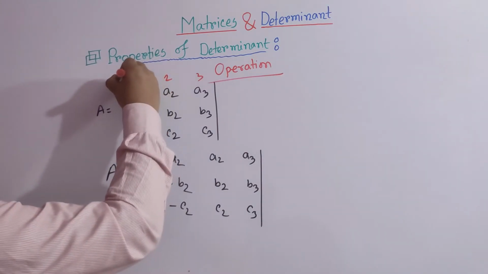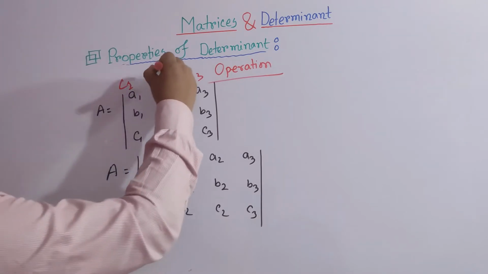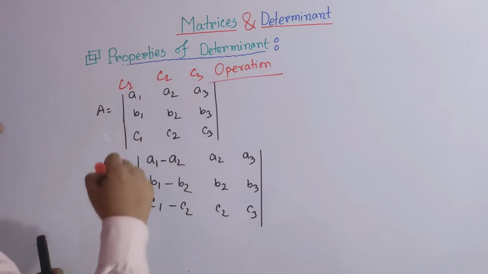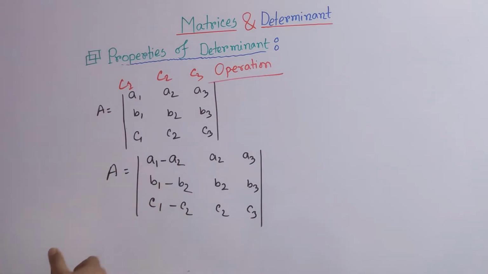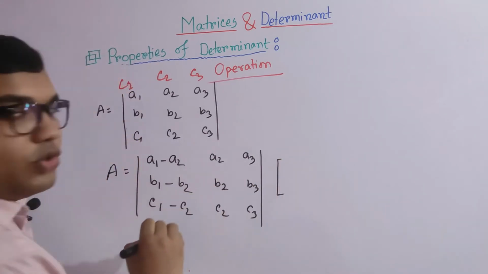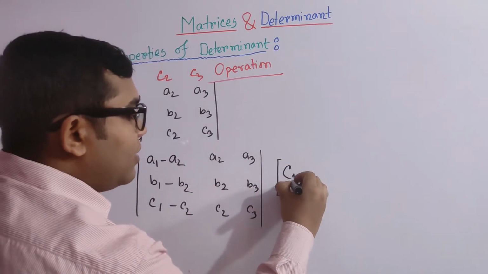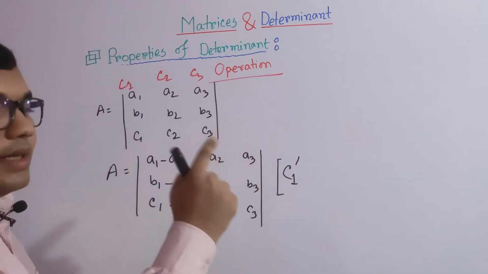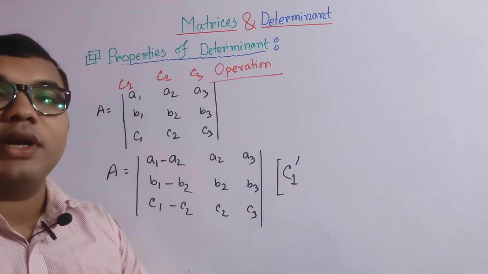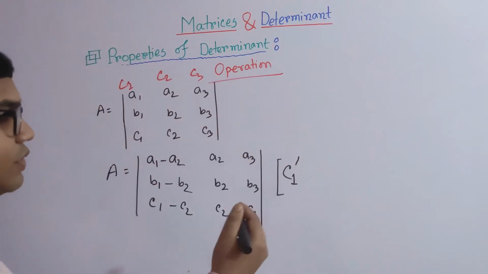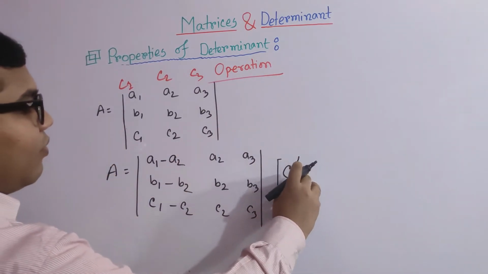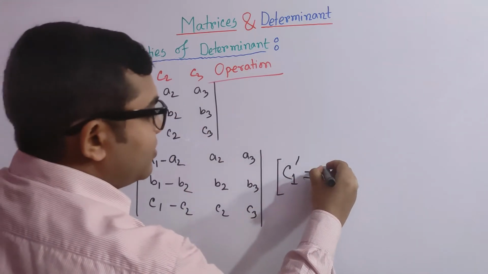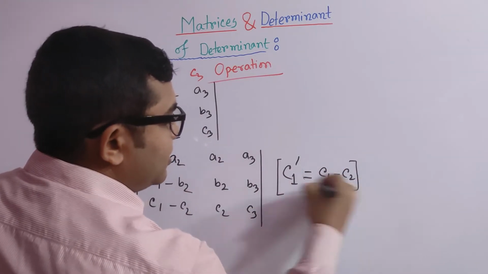This is column 1, this is column 2, this is column 3. Since we are working on column 1, our side note should be C1 prime. It means column 1 is where we do the work, and the work is first column minus second column, that is C1 minus C2.